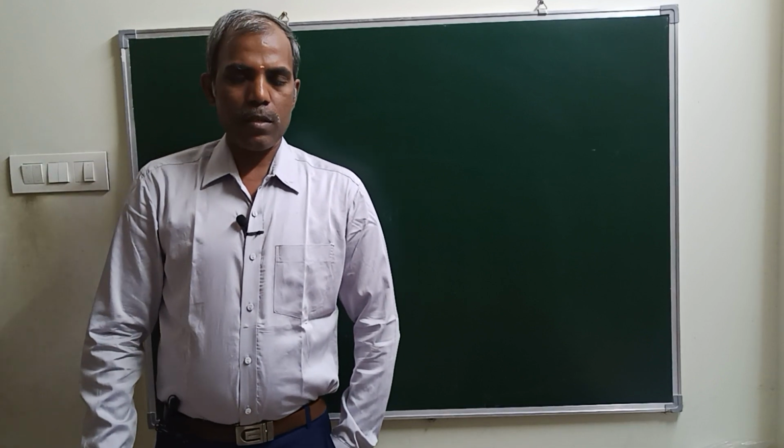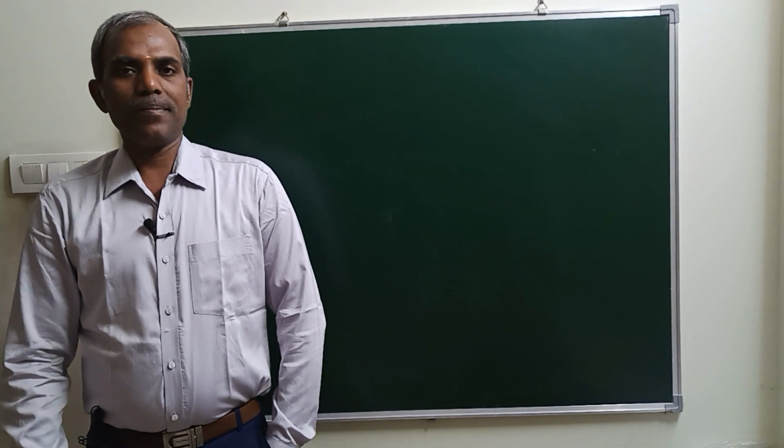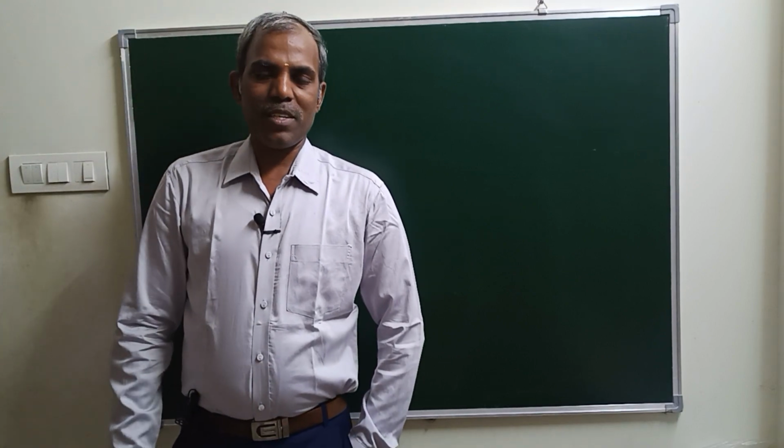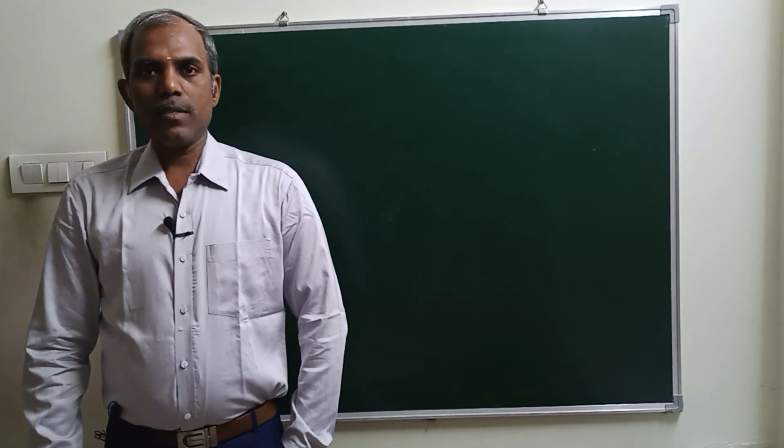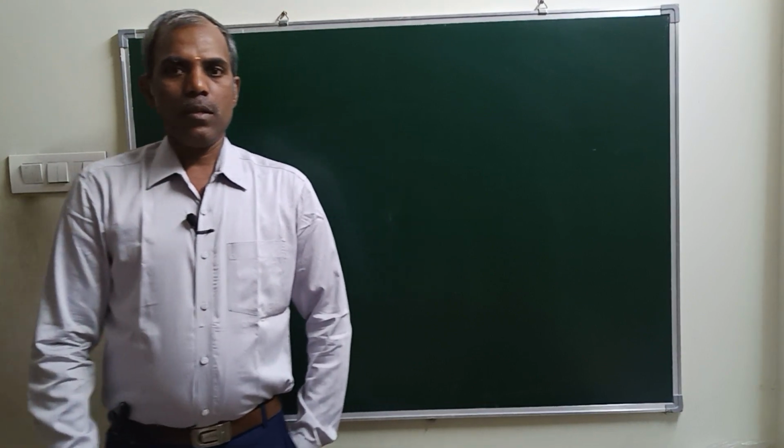Today I am going to start a new chapter, that is chemical bonding and molecular structure, which is an important chapter in chemistry to understand various further chapters in chemistry.